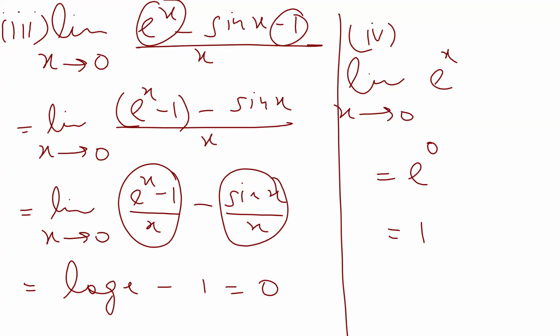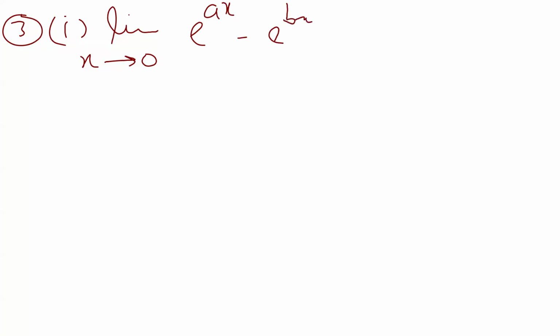Question number 3, sub question 1. x approaching towards 0, e raised to ax minus e raised to bx upon x.